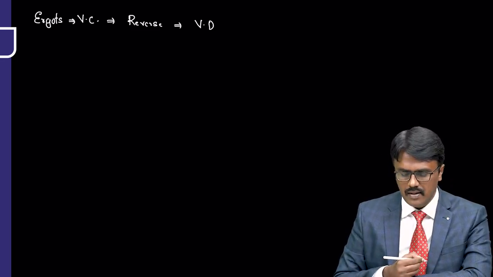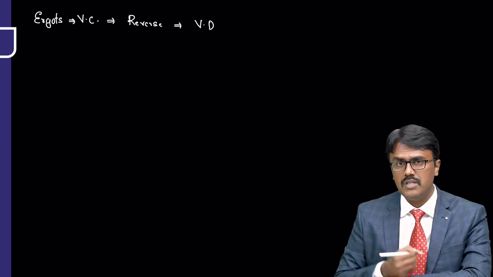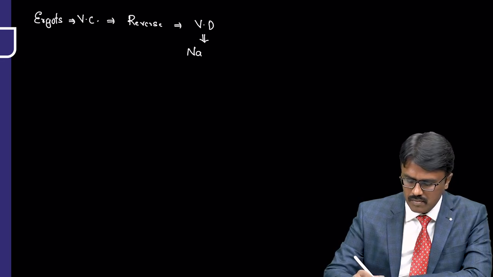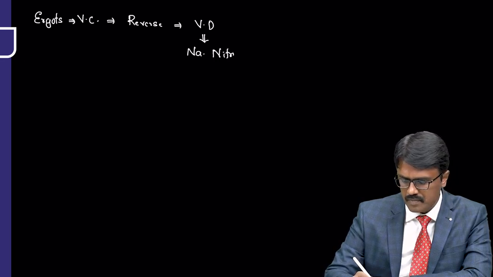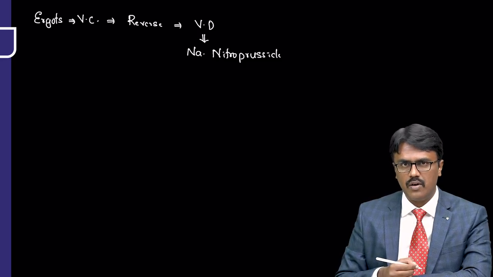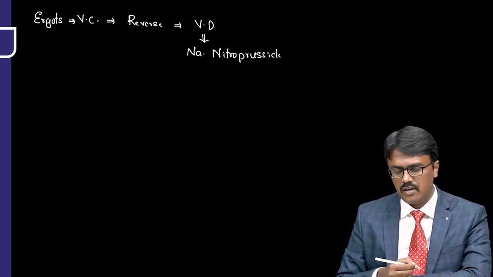How do you reverse this? Give a vasodilator. Which is the best one? The best vasodilator that can be used is sodium nitroprusside. The advantage of sodium nitroprusside is that it dilates arteries and veins equally. So for ergot-induced vasoconstriction, the drug of choice is sodium nitroprusside.